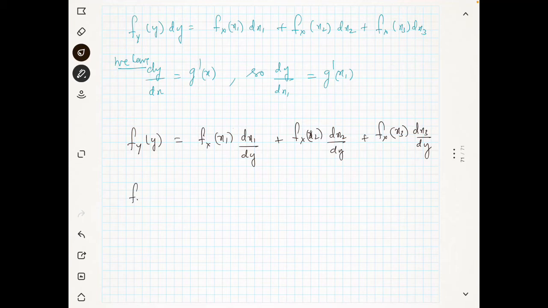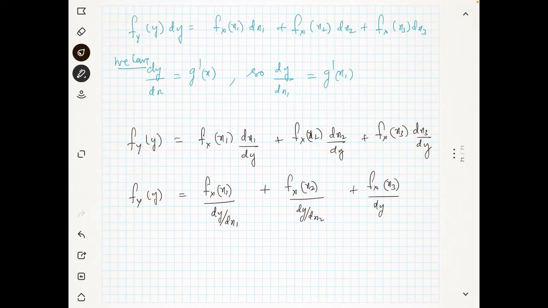So this is nothing but fy of y, which is fx of x1 divided by dy by dx1, plus fx of x2 divided by dy by dx2, plus fx of x3 divided by dy by dx3, right?